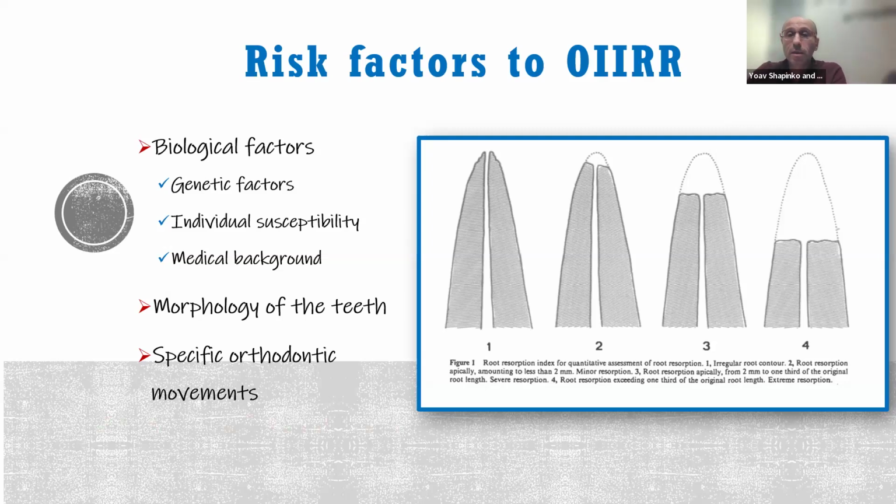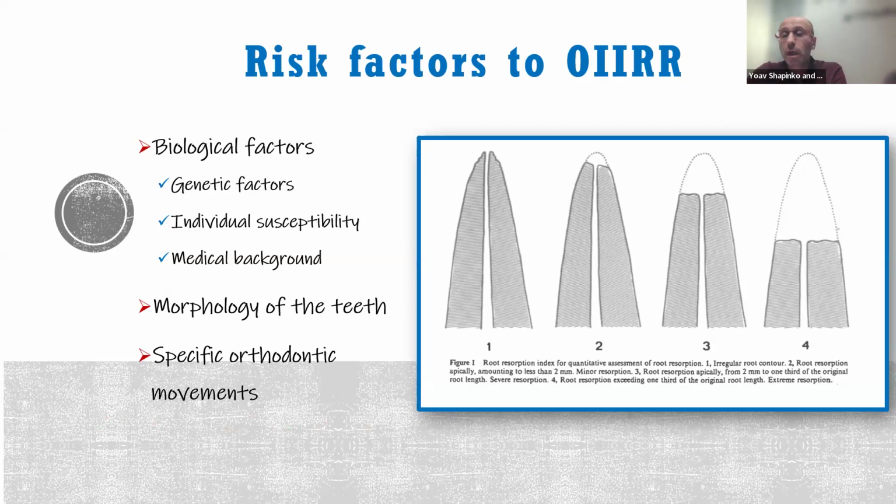So what are the main risk factors? As we're talking about etiology and risk factors, we know that there are several that may couple with each other, but the most important are the biological factors, for example genetic factors, individual susceptibility, or some medical background.